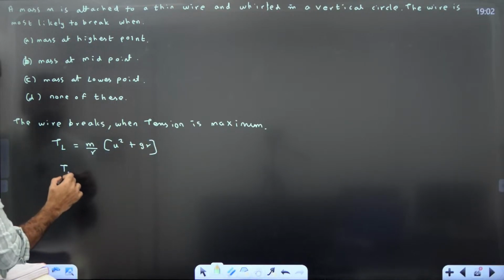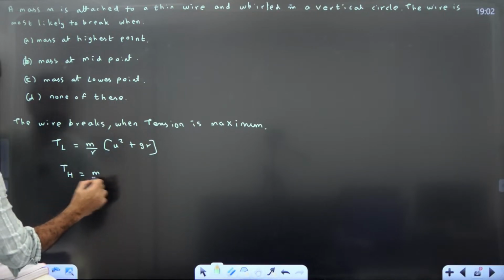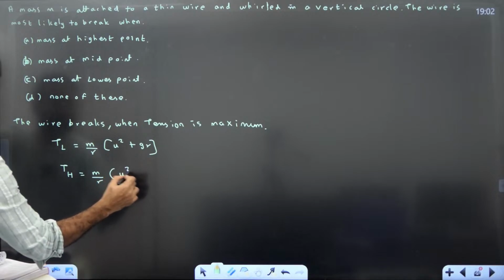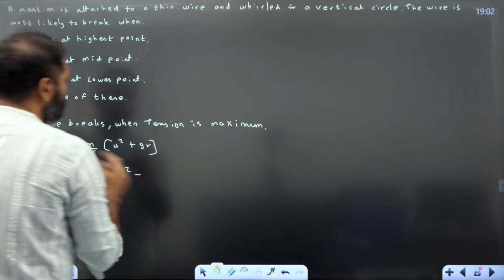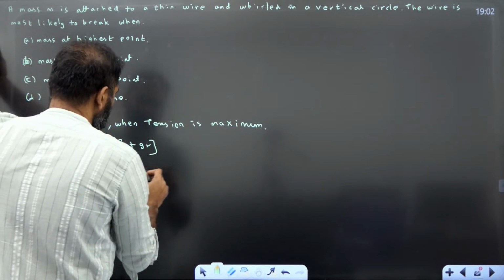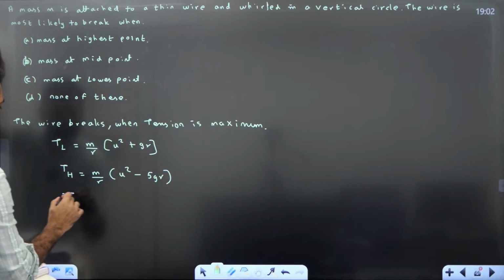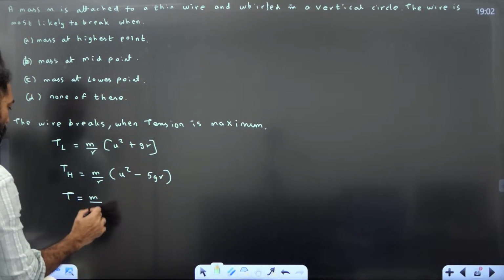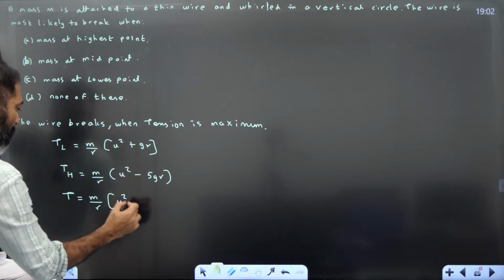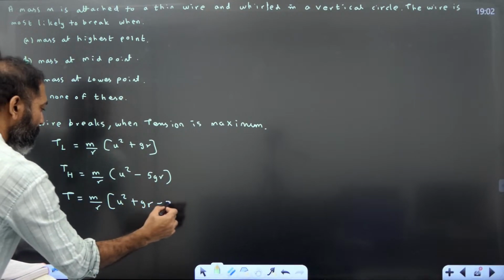Tension at the highest point is what? m/r into v square minus 5gr. Tension at any point is what? m/r into v square plus gr minus 3gh.